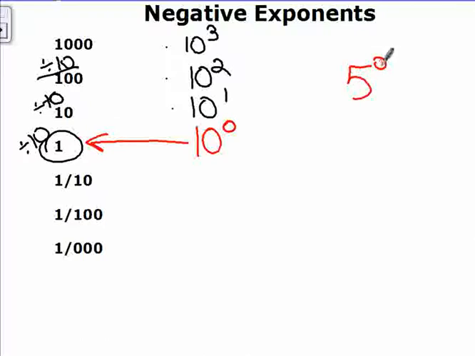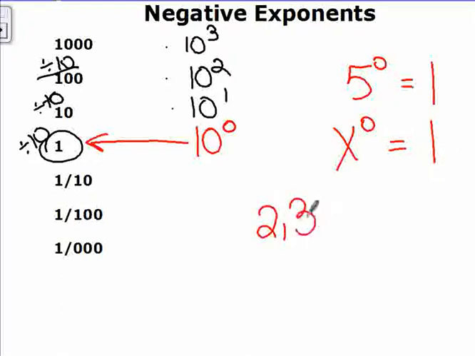5 to the 0 power is 1. X to the 0 power is 1. 2,356 to the 0 power is 1.